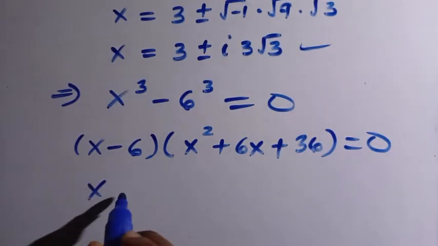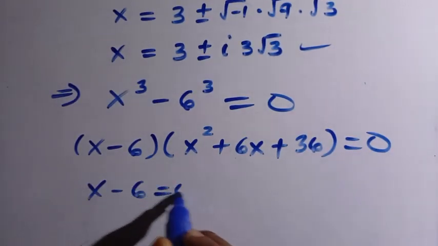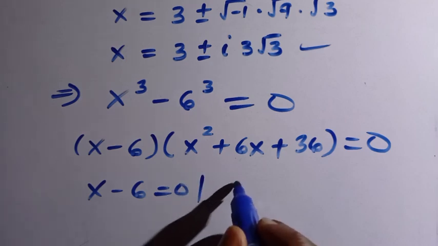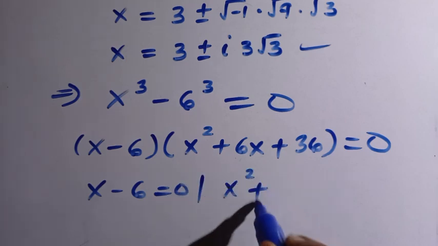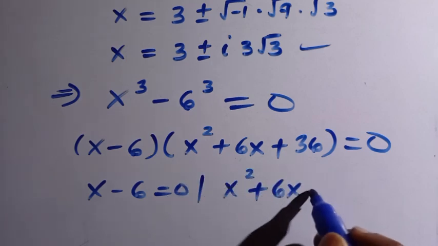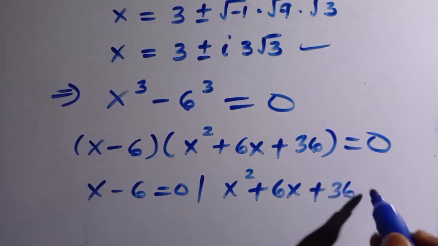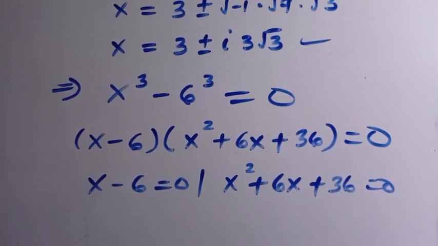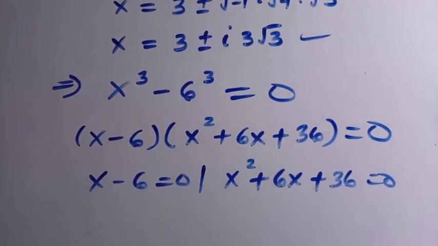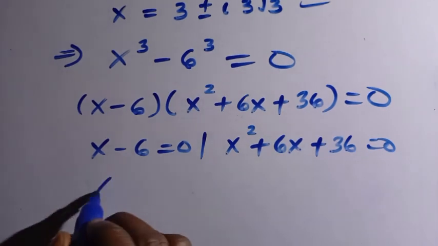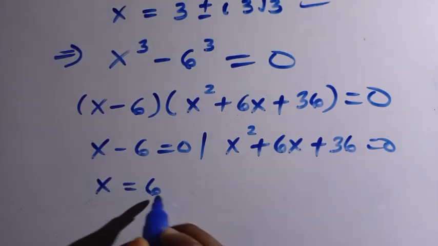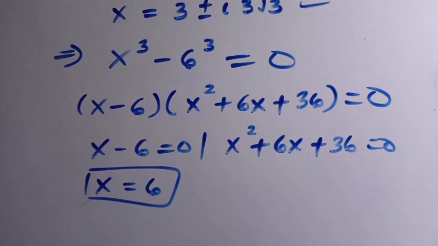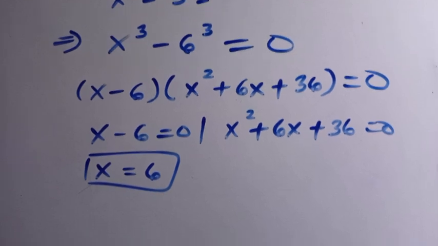Then we let x minus 6 equals 0, or we let x squared plus 6x plus 36 equals 0. So at this side, we are going to get the value of x equals 6, which is the fourth solution.